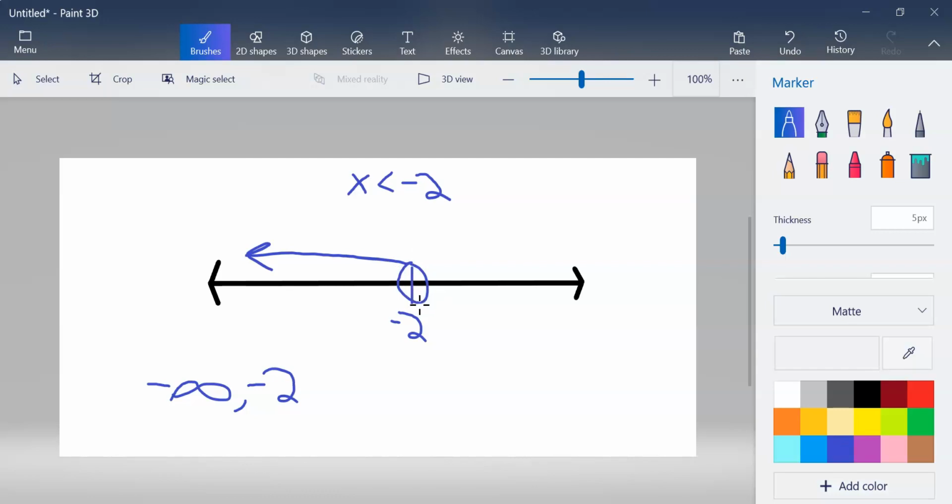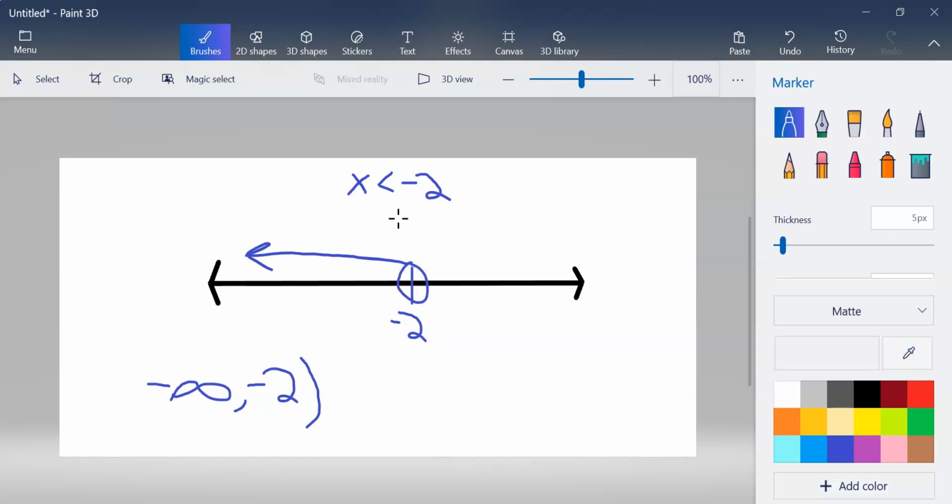By the way, everybody who reads that and knows mathematics realizes that open circle means that negative 2 cannot be a number that I plug into the inequality. Since negative 2 can't be a number that I plug in, I put a regular parenthesis. All right, sometimes people call this an open parenthesis so that it corresponds with the open circle.